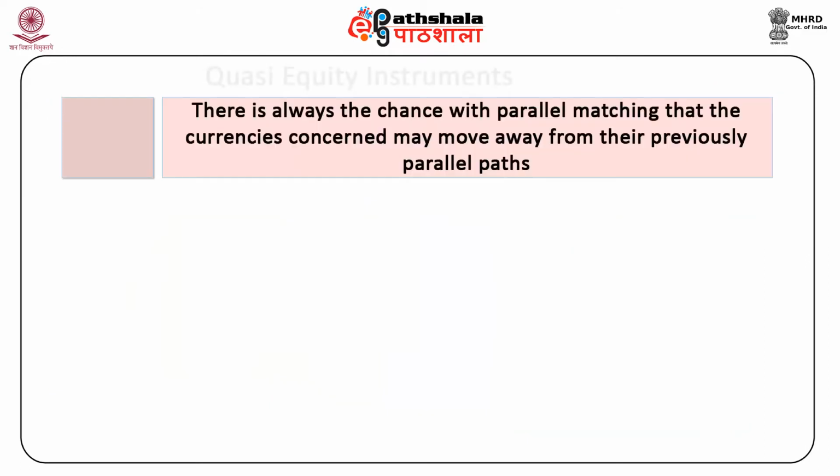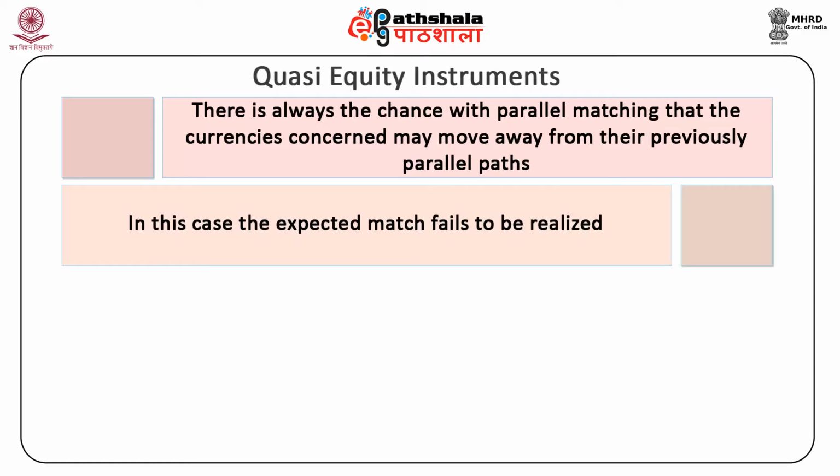Of course, there is always the chance with parallel matching that the currencies concerned may move away from their previously parallel paths. In this case, the expected match fails to be realized.